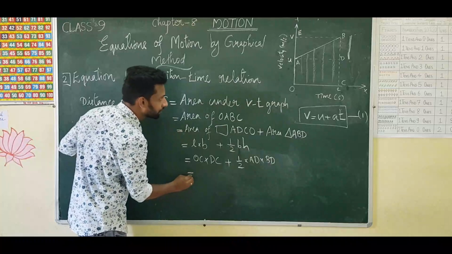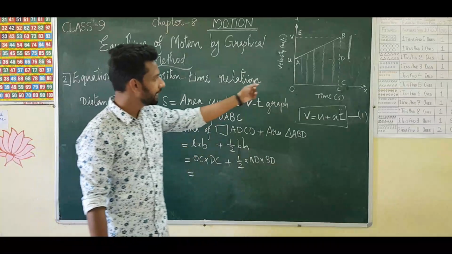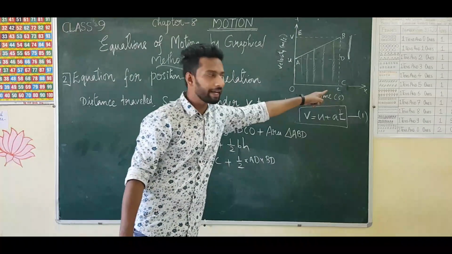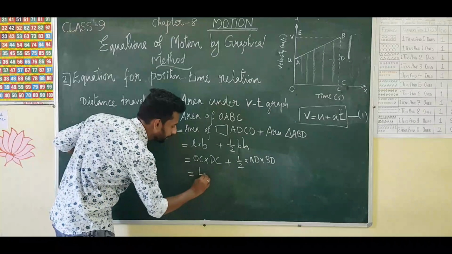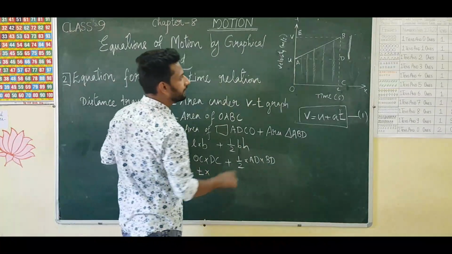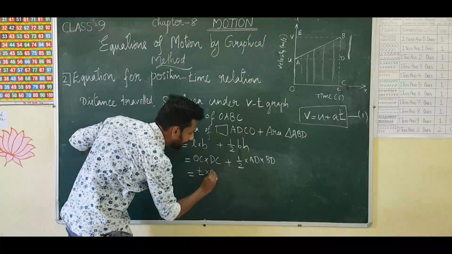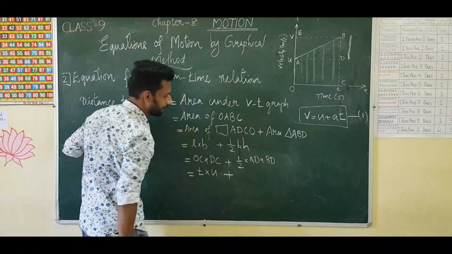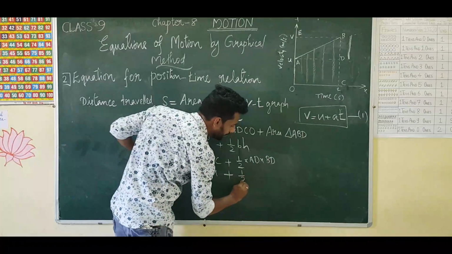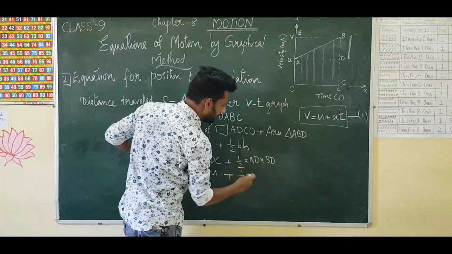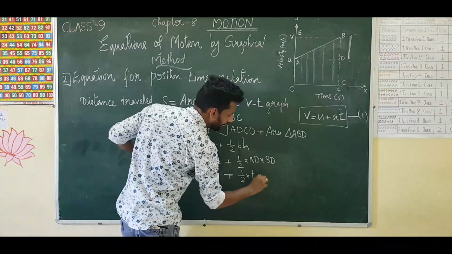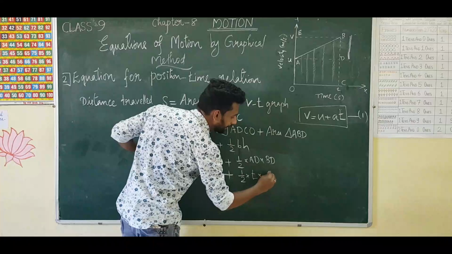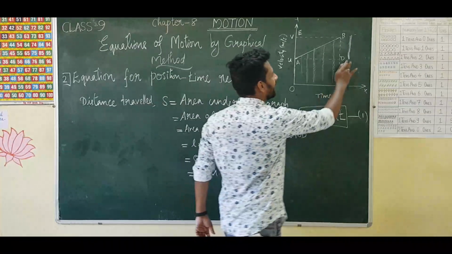Now substitute the values. What is OC? OC gives the time, T, into what is DC? DC is equal to U, plus half into AD, again T, then BD. What is BD?